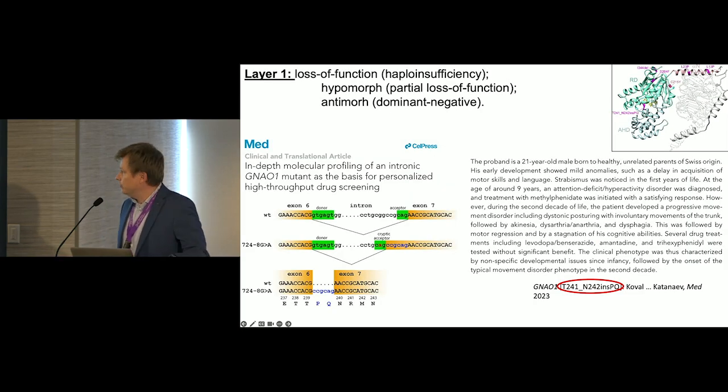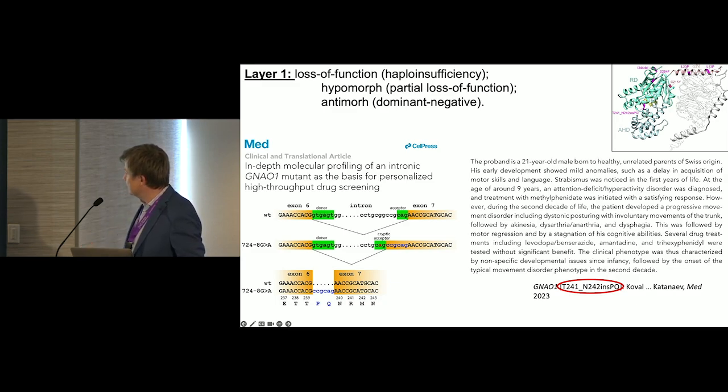To give you some examples of these mutations which lead to the milder spectrum, there is this famous intronic mutation which leads to the appearance of an alternative acceptor site for the splicing, which leads to the isoform which has 2 amino acids inserted in frame, more or less in the center of the protein.